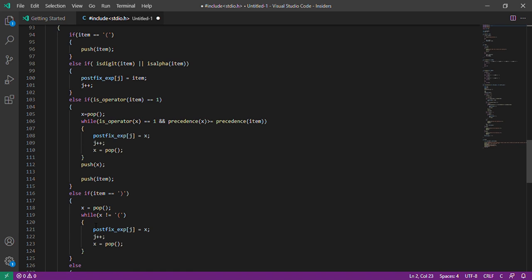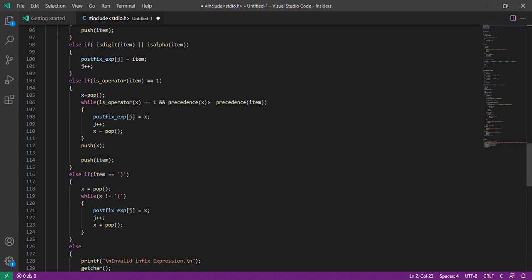Then next, push the current operator symbol onto the stack.